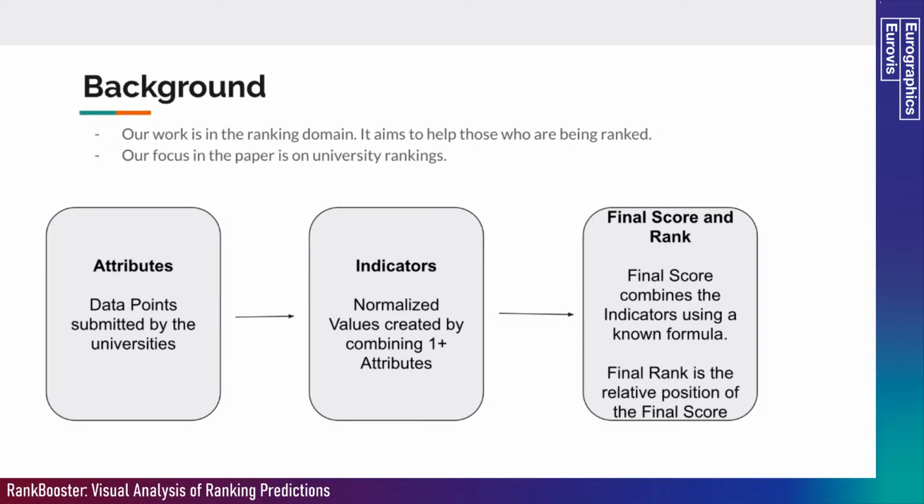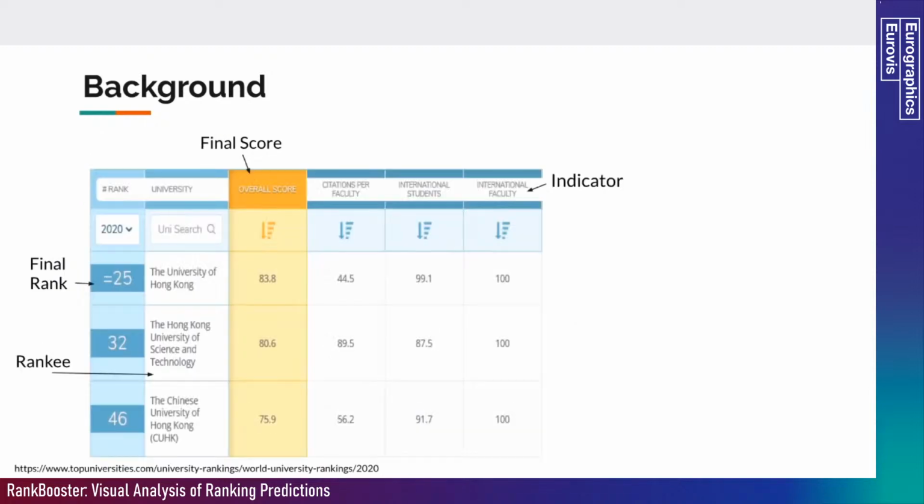Here, the body takes those attributes and combines them in an unknown method to create normalized values called indicators. Finally, these indicators are combined using a known formula this time to give each university a final score. The relative position of a university's final score will determine their final rank.